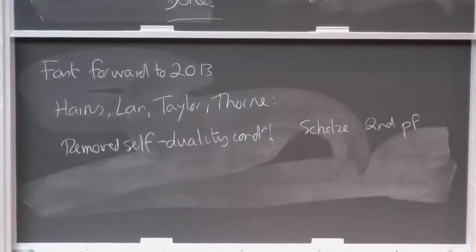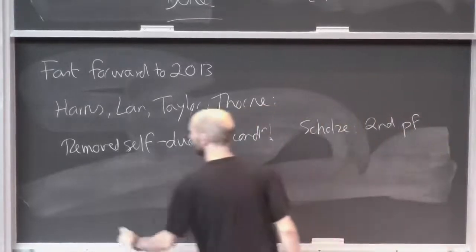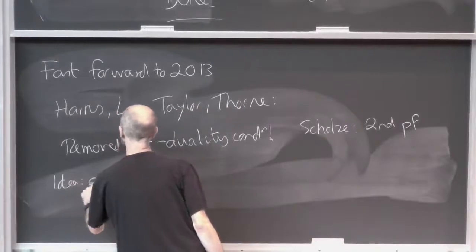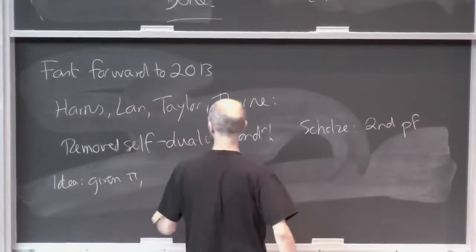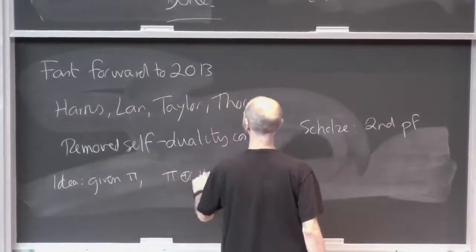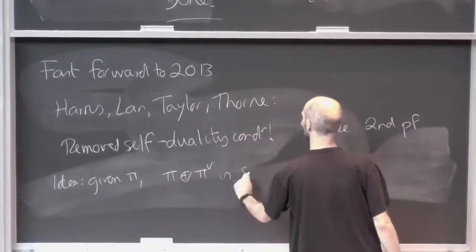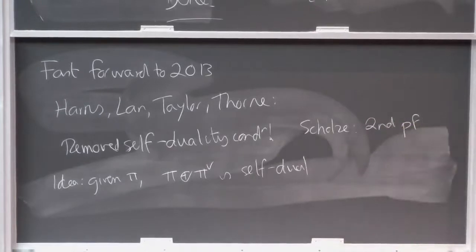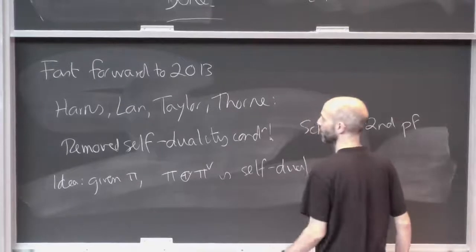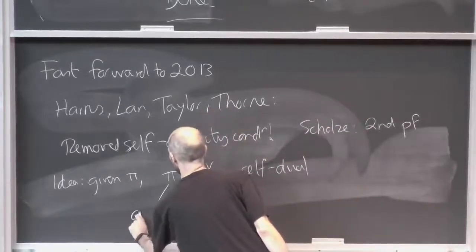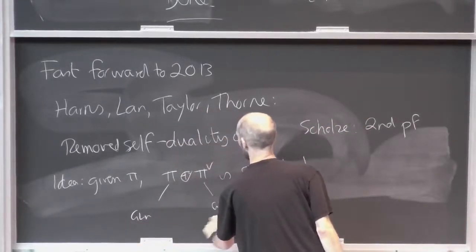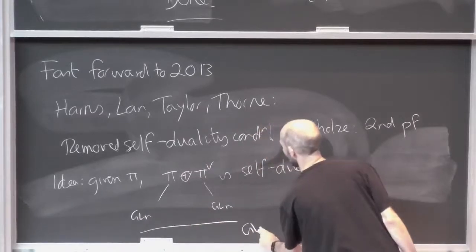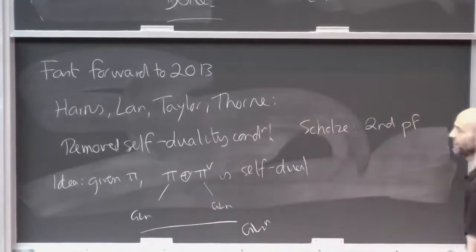So how did they remove that self-duality? Again, the idea is really easy, right? So here's the idea. Given pi, then we somehow just do pi add its dual, which is now self-dual. But by add, I mean some slightly complicated thing. This is a representation of GL_n, and this is a representation of GL_n, and this is a representation of GL_2n of some adelic group.